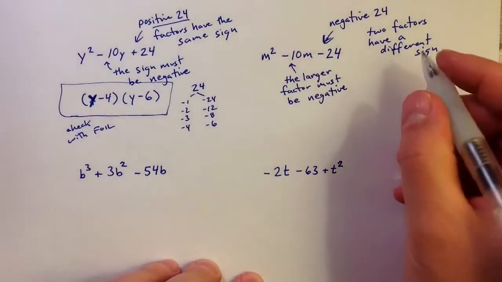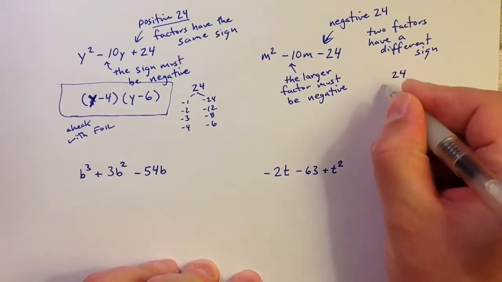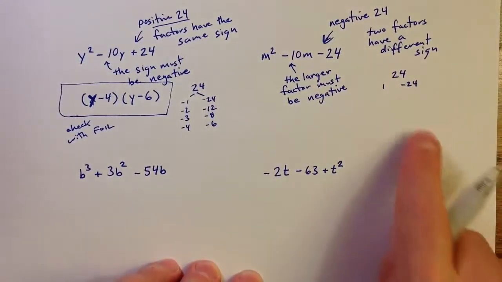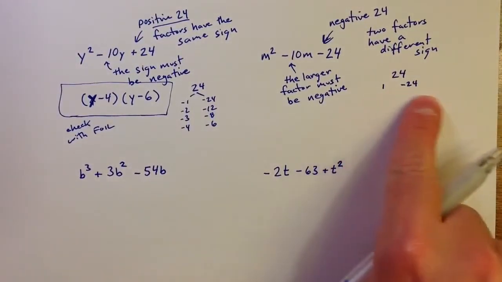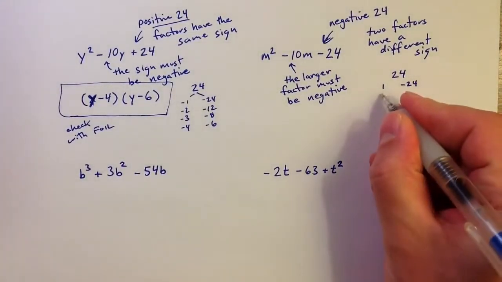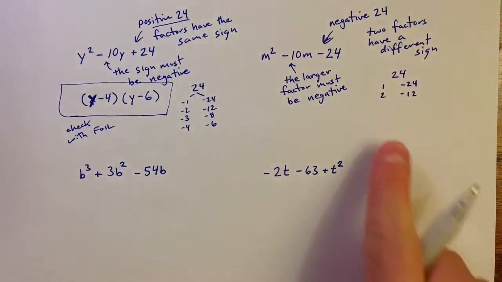So let's think about 24 again, and think about the factors of 24, 1 and 24, and the 24 would have to be negative. If I add those up, I get negative 23, so that's not what I want. If I look at 2 and 12, the larger factor has to be negative.